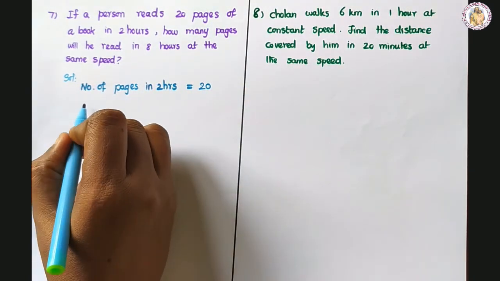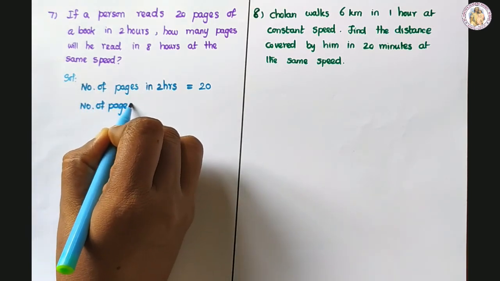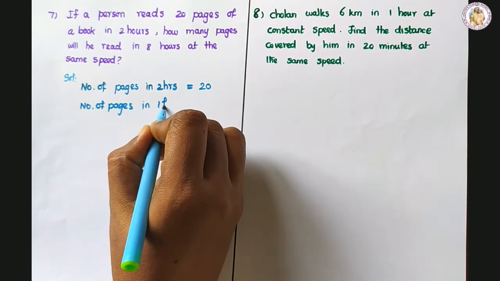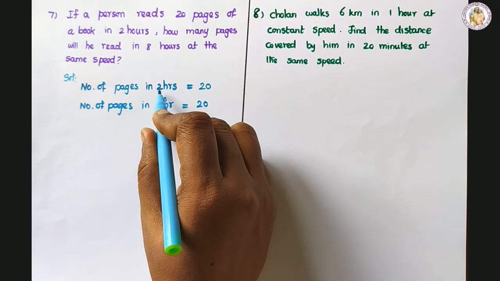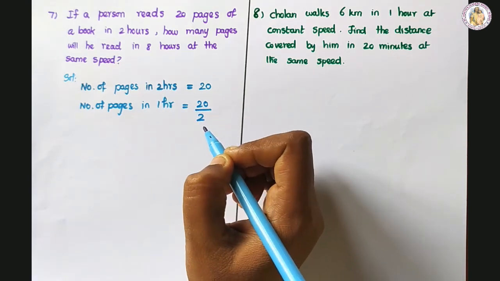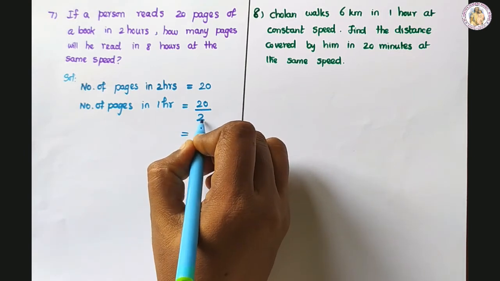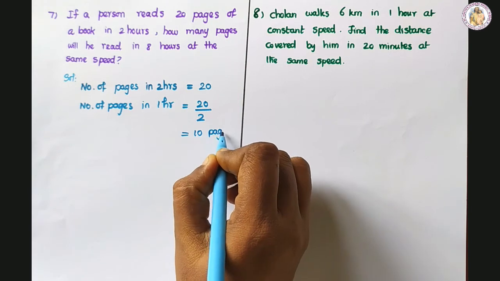So in 1 hour how many pages? Number of pages in 1 hour is equal to 20. Here 2 is in multiplication, bring this side means division. So 20 divided by 2, that is 10 pages.